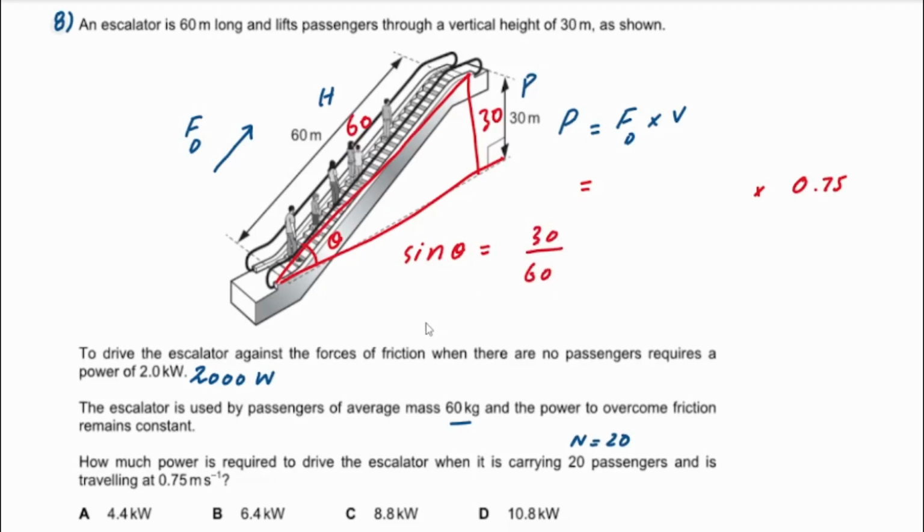So sine theta equals 0.5 and sine inverse of 0.5 is, whether you like it or not, 30 degrees. 30 degrees is the angle of the slope, the angle of elevation, you can say. So 30 degrees. What is the next step?